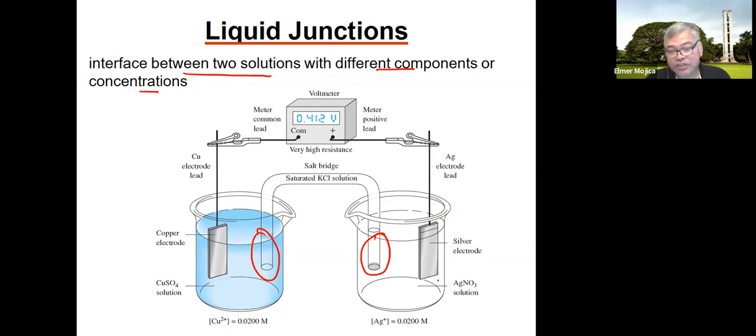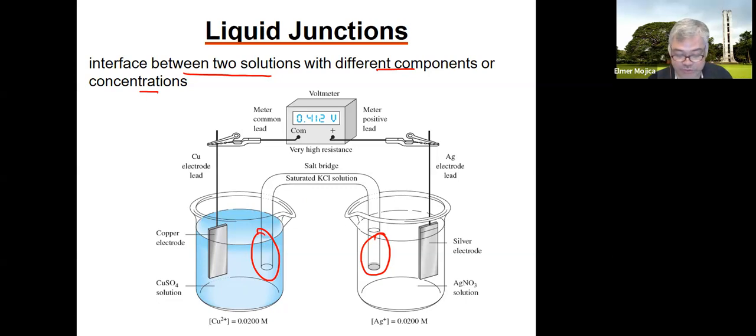So you have your silver ion solution with nitrate ion with the salt. And on this one, you have the copper ion and the sulfate ion with the salt. So you have here, we could say, two liquid junctions.